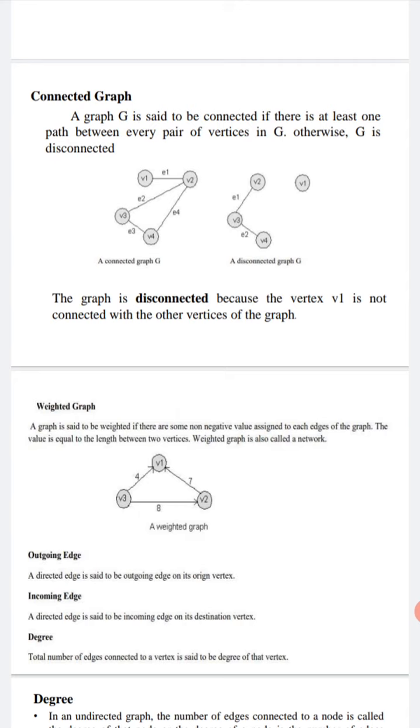What are vertices? The nodes. The vertex set can be represented by capital V. Edges mean the path from one vertex to another vertex. So the second graph is disconnected because the vertex V1 is not connected with the other vertices of the graph. So this is a connected graph and a disconnected graph.